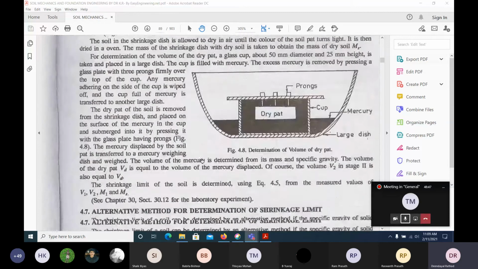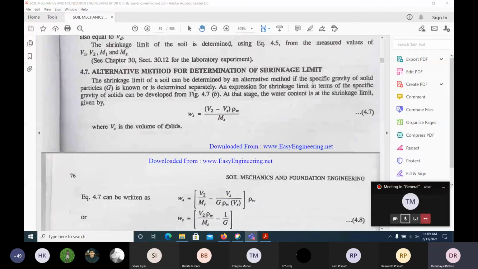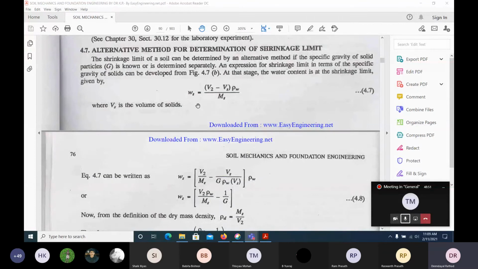There are some other alternate methods also for finding this. We got these equations, right? The alternate method for determination of the shrinkage limit: at that stage the water content is the shrinkage limit, given like this, where Vs is the volume of solids.